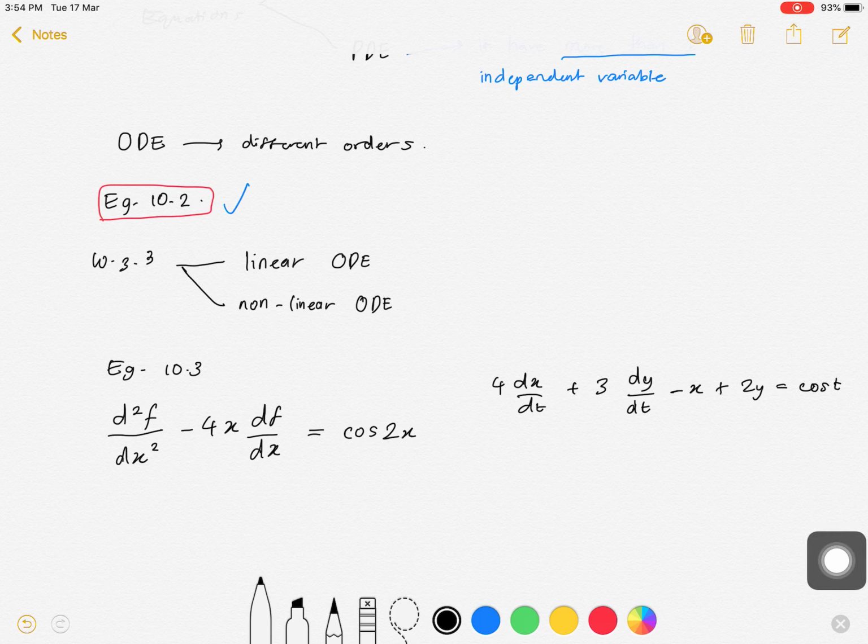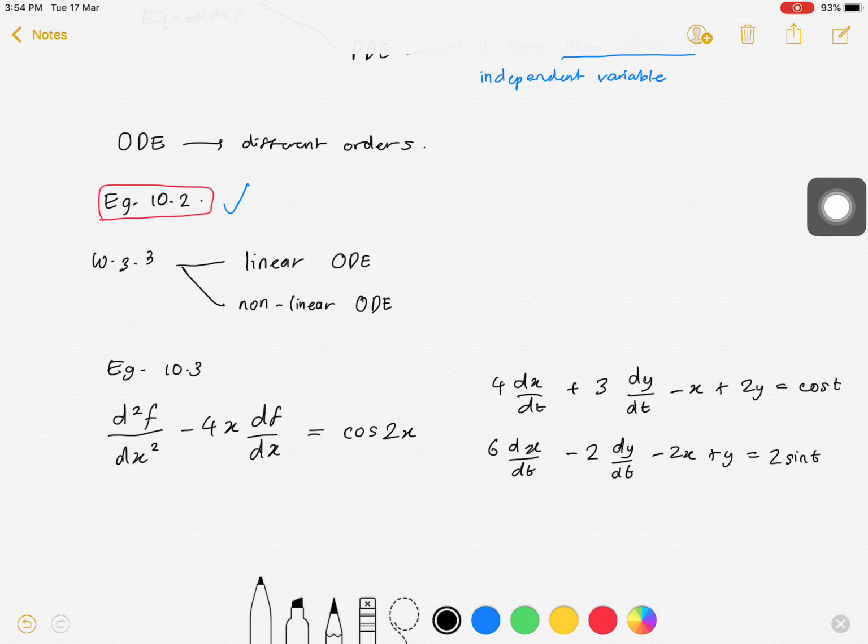Okay, so the last equation is 6dx/dt minus 2dy/dt minus 2x plus y equal to 2 sin t.